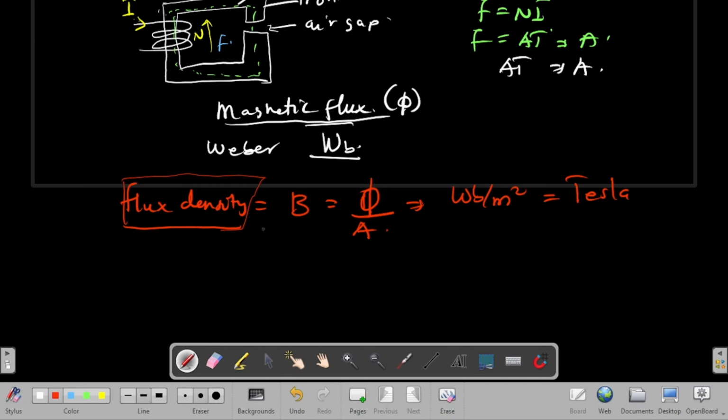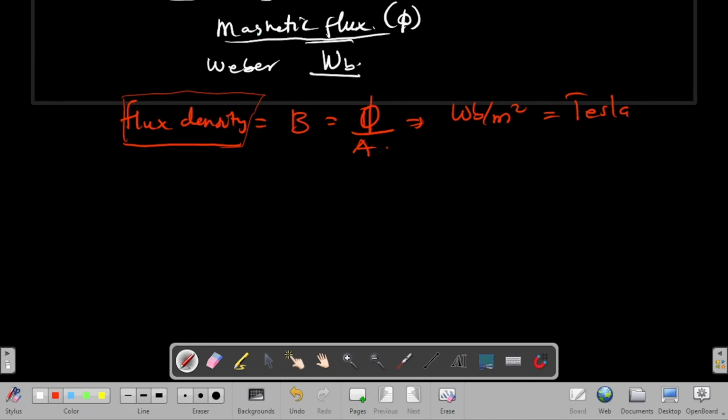Okay, let's go ahead and talk about what we call magnetic field intensity. It is represented as H. So wherever you see H, we are talking about magnetic field intensity. This is flux density, where we are talking about the flux per area.